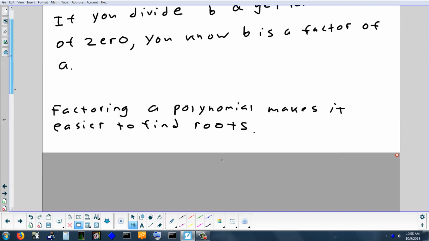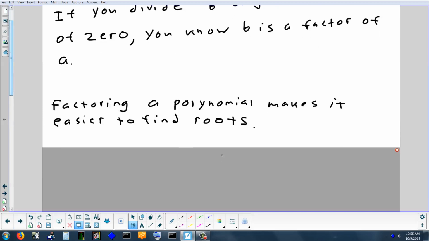So the reason we would want to factor, not so much numbers, but we're going to focus on polynomials, is because it makes it easy to find the roots. If you look at something like x squared plus 7x plus 6, and I asked you, what are the two numbers you can plug in for x and get 0?